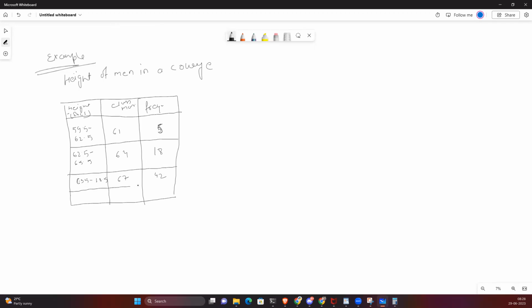Now for the fourth category, 68.5 to 71.5, the class mark is 70, and in this category 27 data points fall. Now, there is one more. Let me draw this.